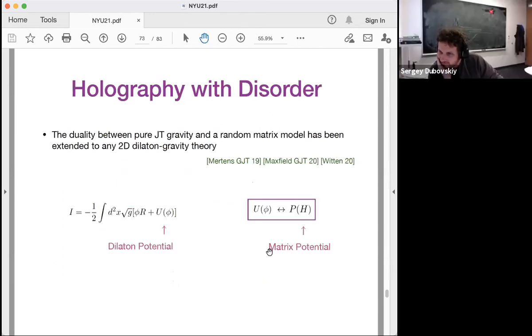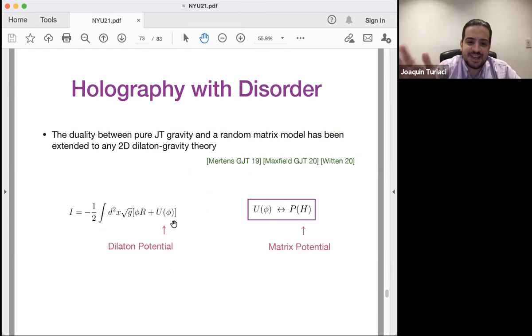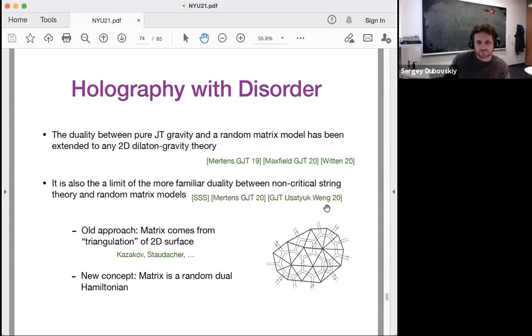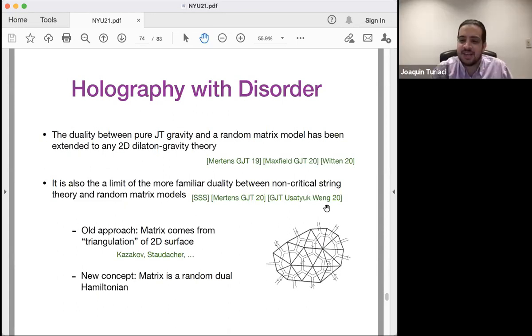For flat space, we didn't look at it because there is a technical reason why this is easy to study when this potential behaves linearly at very large phi. So near the boundary, this is easy to study when this behaves linearly. And what we did in this paper with Usatyuk and Wang is to try to go away from that limit, from that constraint, but it has technical issues that we were trying to solve by making the connection with the non-critical string.